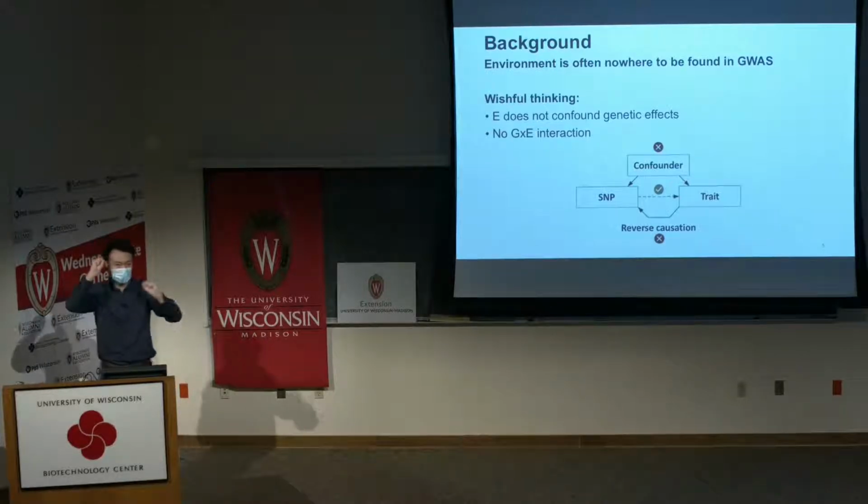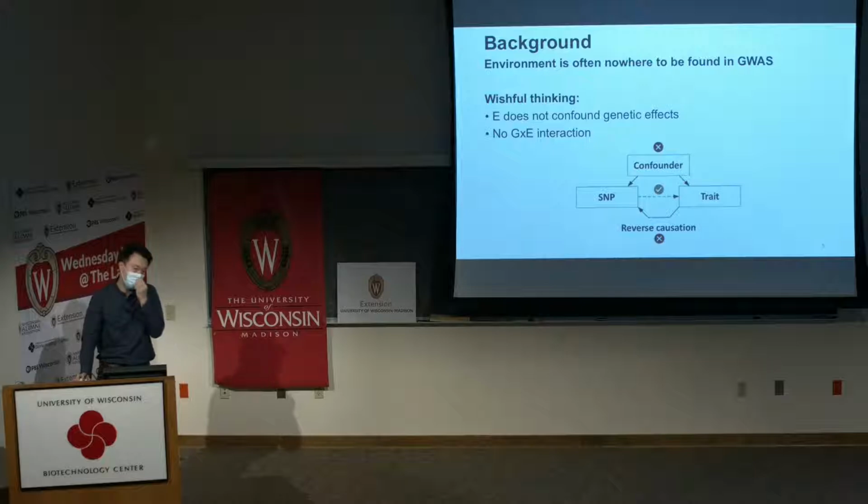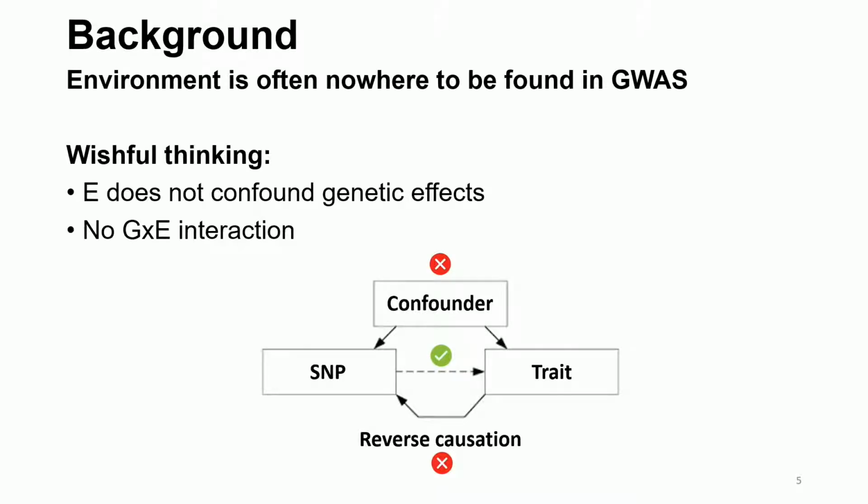There's no interaction, it's just completely additive. This is really wishful thinking, and it's just an oversimplification of the reality, as we'll see later using many different examples. There's actually not a very good example to support that, but just for some reason, in human genetics, the entire field rarely looks at gene by environment interaction, and people sort of just treat environment as a nuisance parameter and don't want to talk about it.